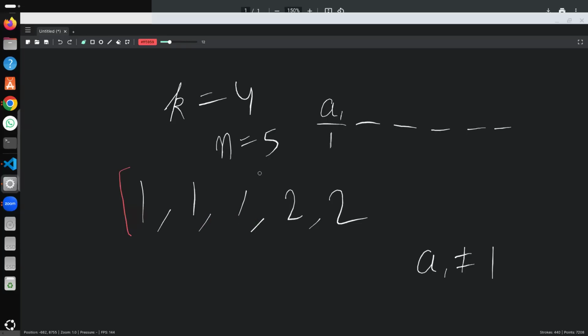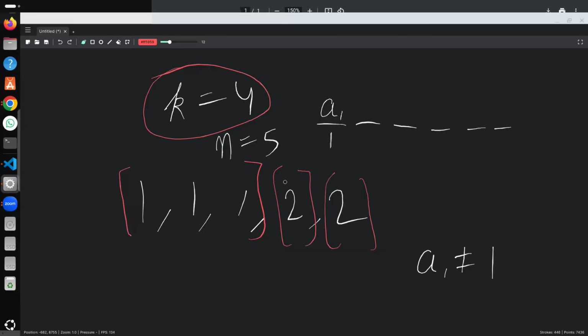So what if we try to take this one also into the first subarray? Then this fourth element would be 2 and our score would be 1. But the problem in this is we need to make 4 partitions, right? But if we give the first partition 3 elements, then we don't have enough elements. Even if we give just 1 and 1 to the partition, then also we have only three partitions.